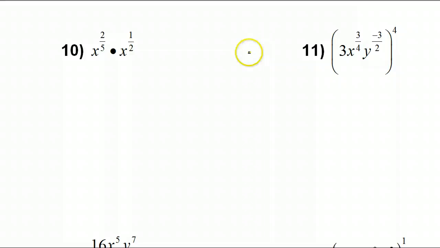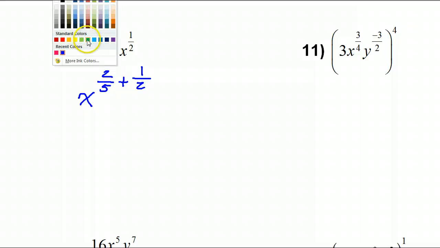Okay, looking at number 10. When you multiply with like bases, you add the exponents. So this is going to be x to the, and then we have to do 2/5 plus 1/2. Okay, you add those exponents. Now to add fractions, you need like denominators.